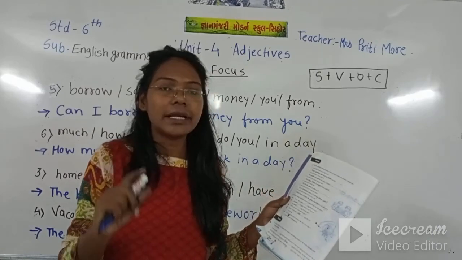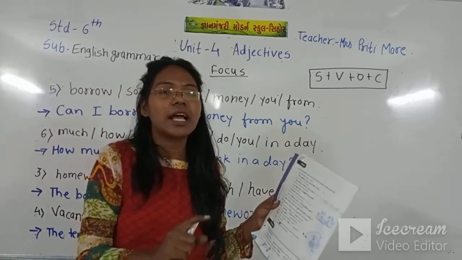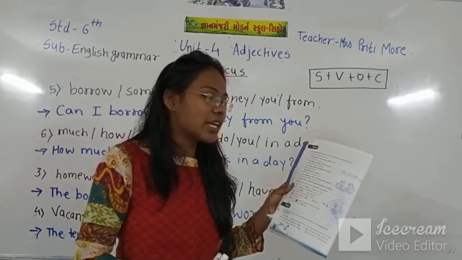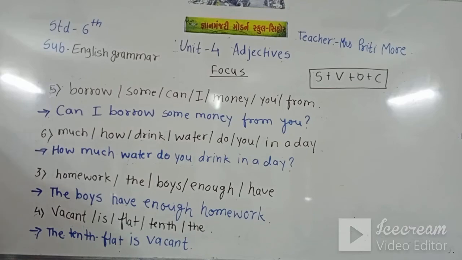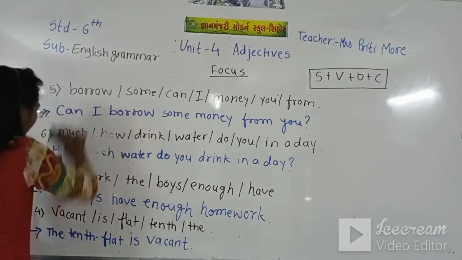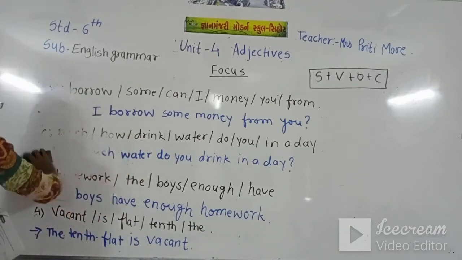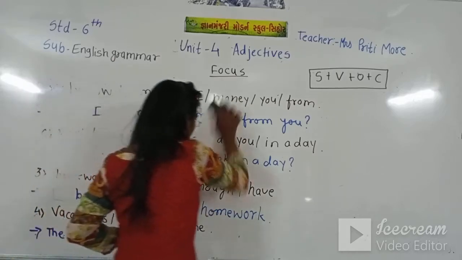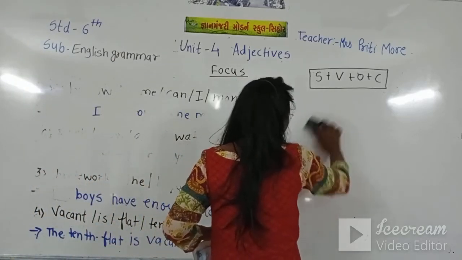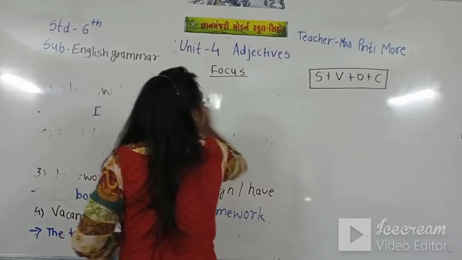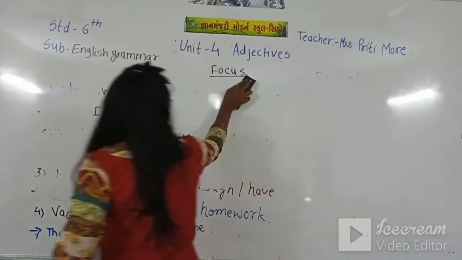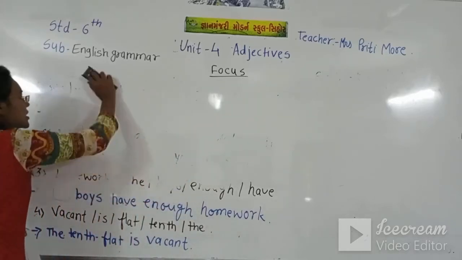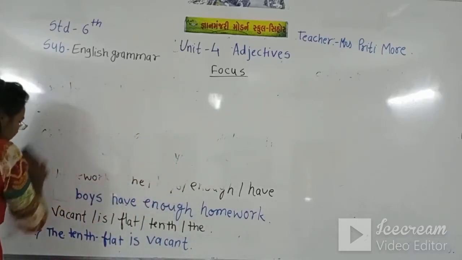We just have to find out the correct option and fill in the blanks to complete. So I just rub this all. Focus exercise B now we are going to complete.